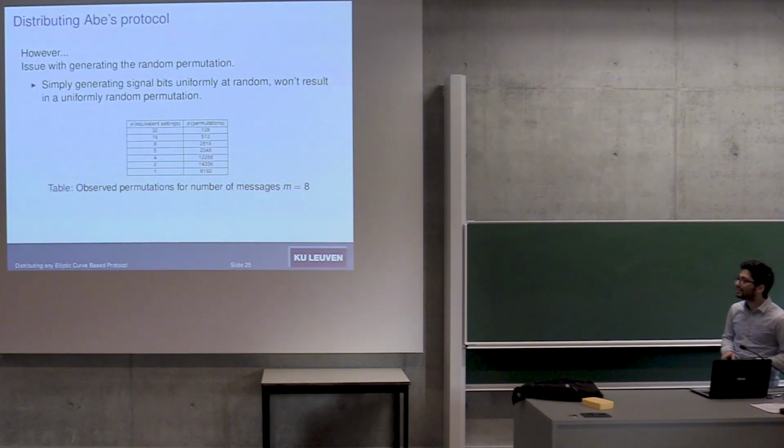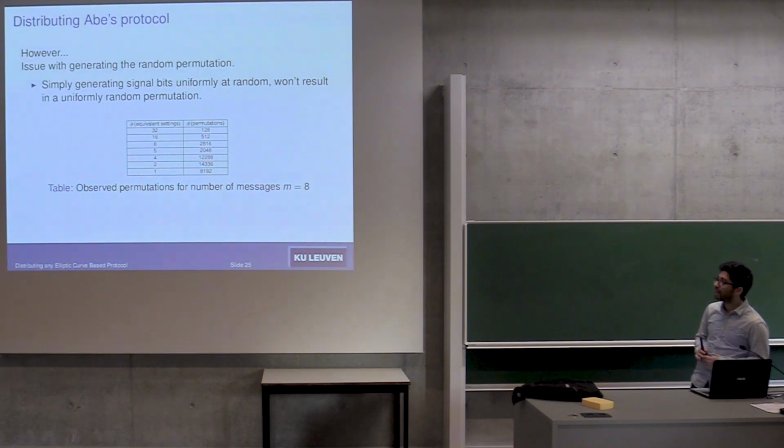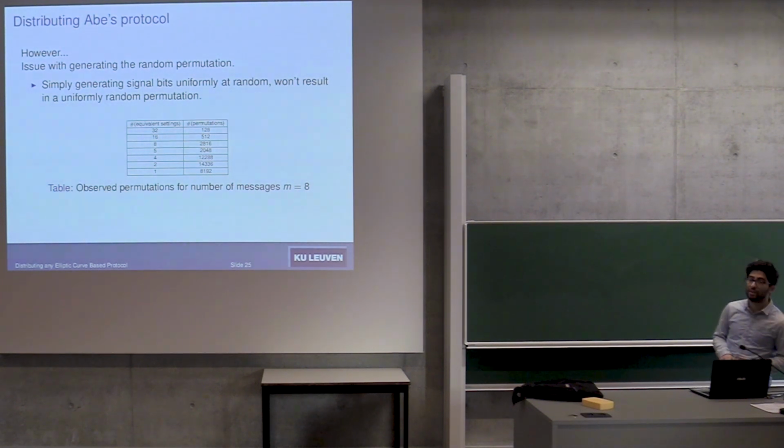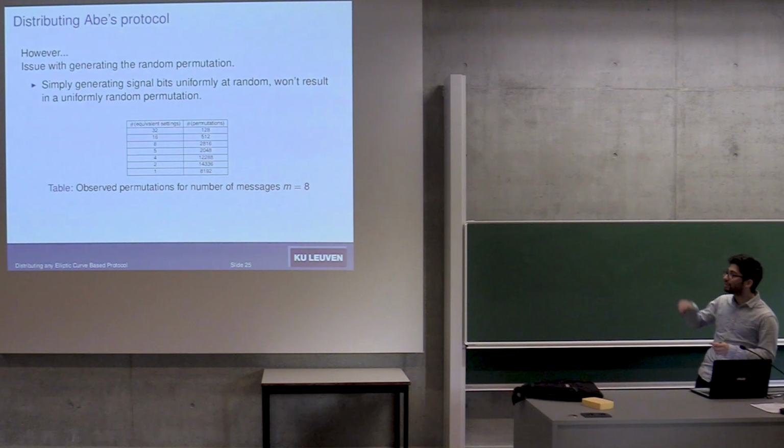However, the thing that still needs to be addressed is how to produce the random permutation, because an issue with Waksman networks that was addressed in a follow-up paper of the original one is that if you just generate the signal bits uniformly at random, this will not result in a permutation which is uniformly at random.